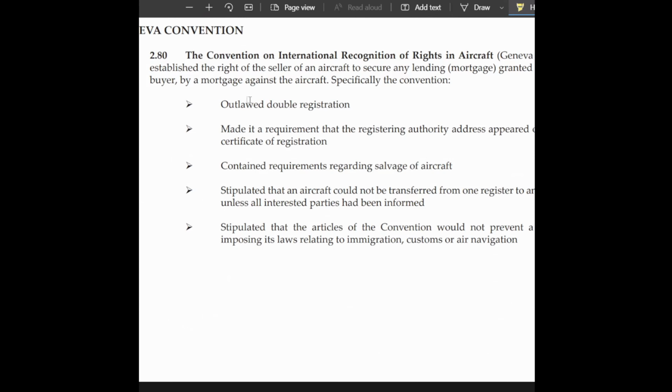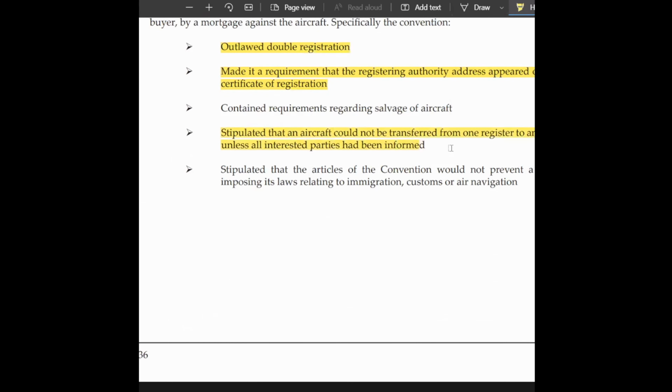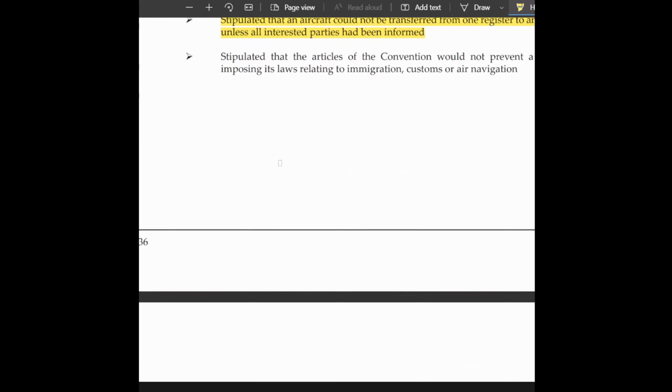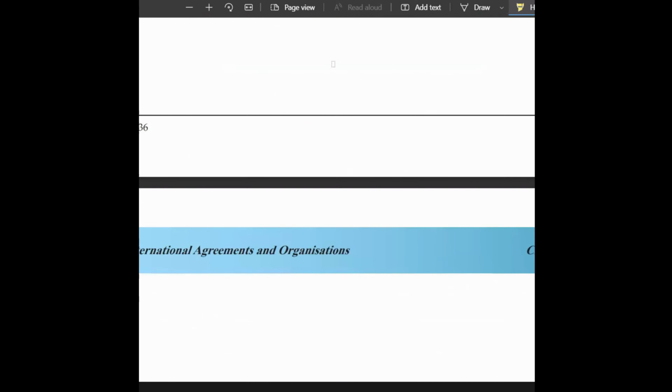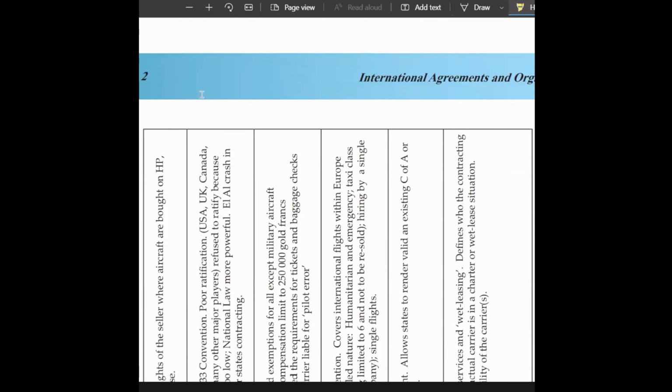This convention takes care of double registration and what the rules and regulations are in terms of registering an aircraft. Again, you can read through this. Summary, you can go through it at the end. Right now, if you jump into it, it might be a little confusing.